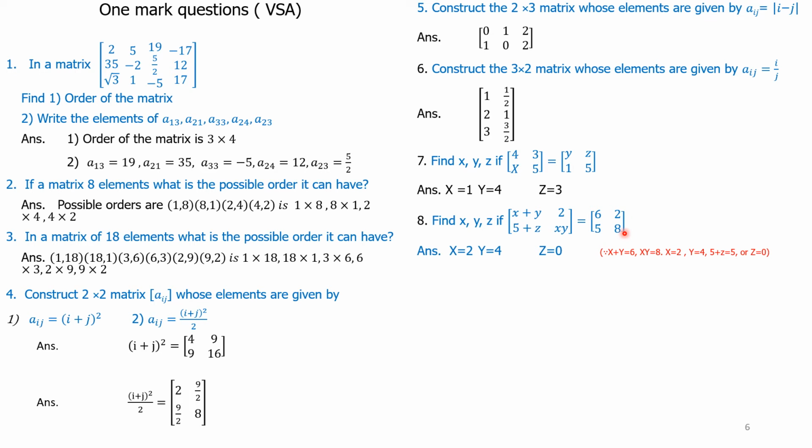Therefore, if you put the values, we will get x is equal to 2 and y is equal to 4. If we substitute x is equal to 2 in x plus y is equal to 6, then we get y is 6 minus 2, that is 4. Next, 5 plus z is equal to 5, therefore z is equal to 5 minus 5, which is 0.